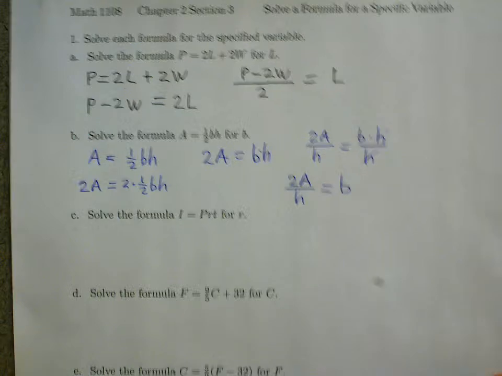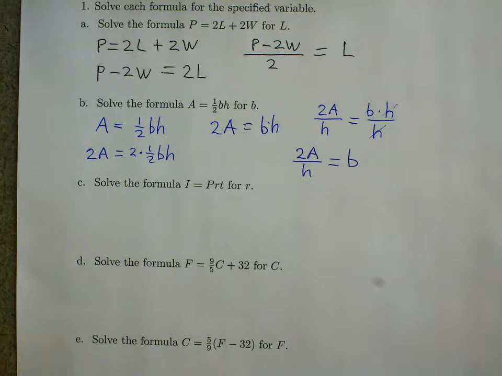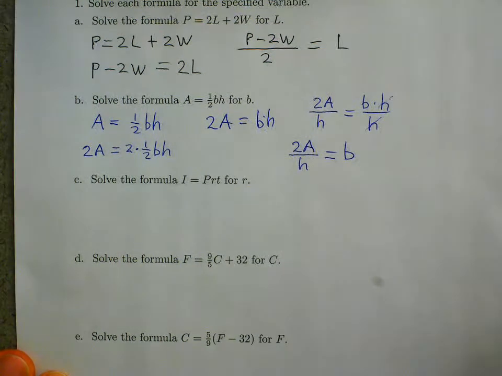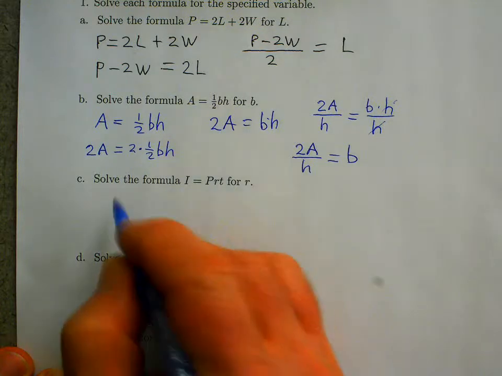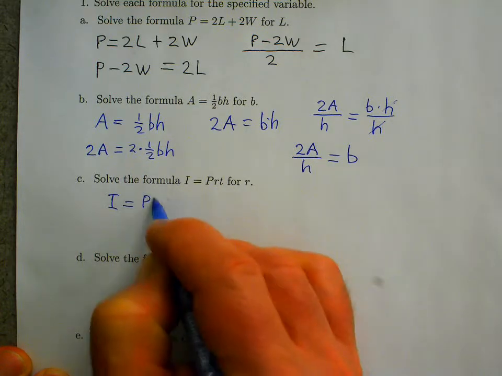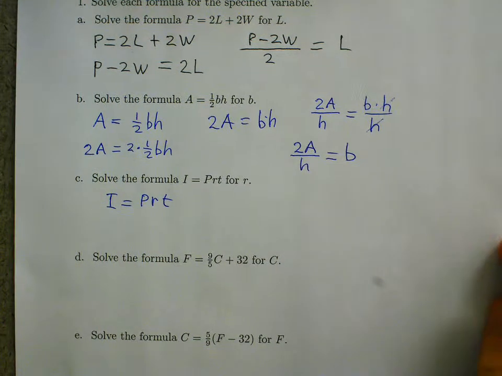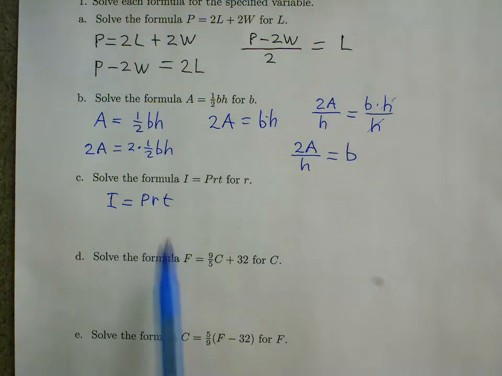Okay, in part C, solve the simple interest formula, capital I equals capital P times R times T, for R. So I'll rewrite the formula, I equals P times R times T. So we can just do this in one step.